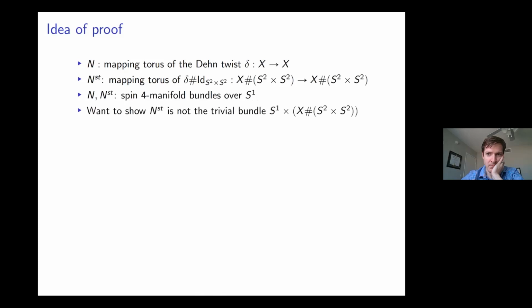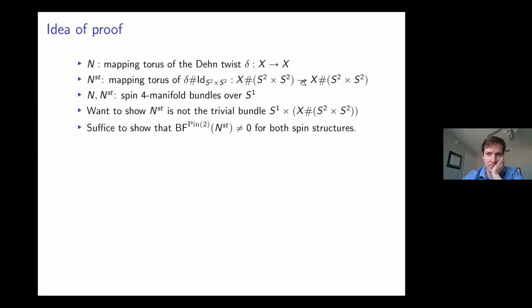And we want to show that this stabilized mapping torus, M_ST, is a non-trivial bundle. Because if we can show that, that will imply that the holonomy, delta_ST, is not smoothly isotopic to the identity. In order to show this, it's enough to show that the Bauer-Furuta invariant of this family is non-zero for both spin structures. So we know X has a unique spin structure. The fiber has a unique spin structure.